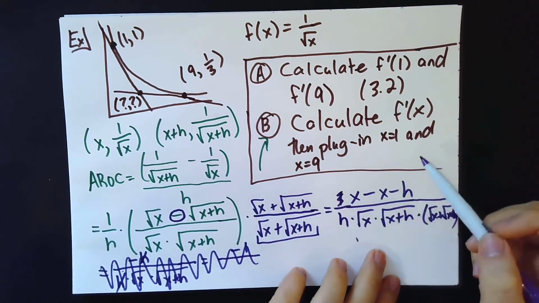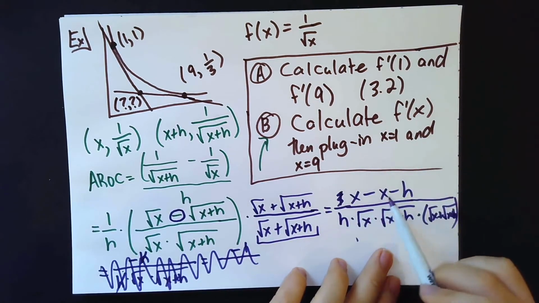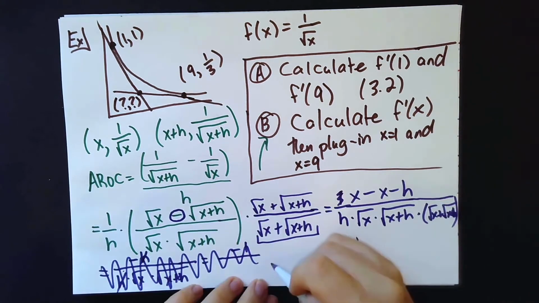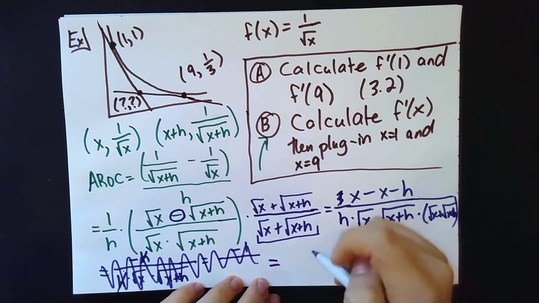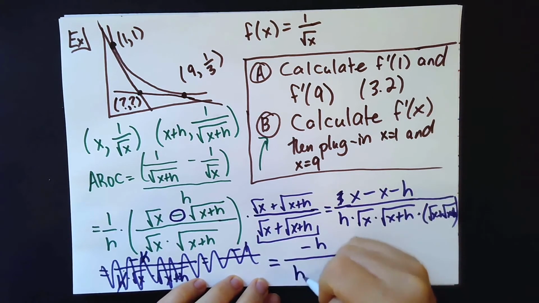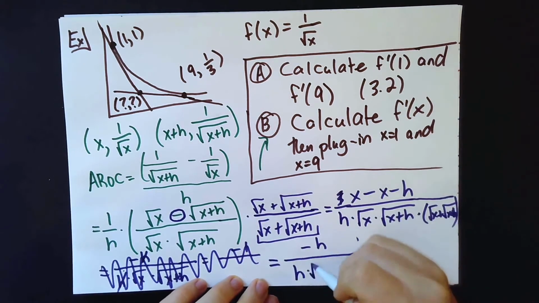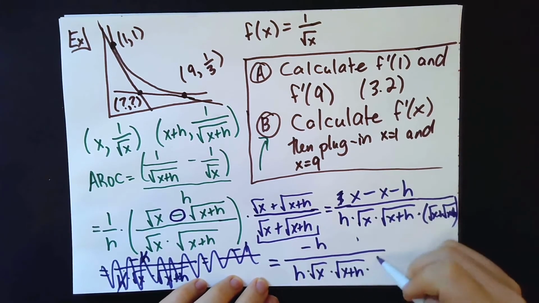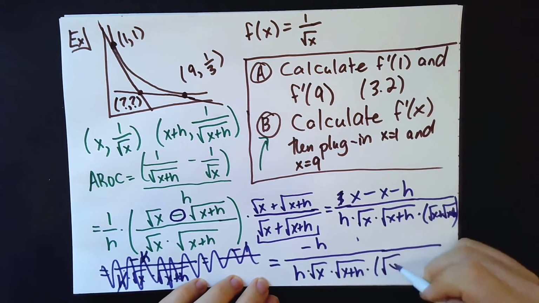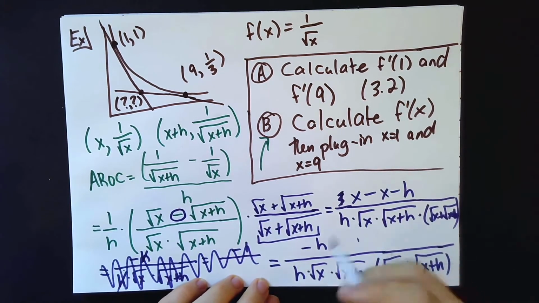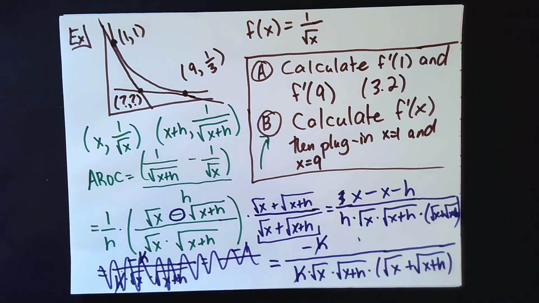And then the numerator is just going to be x minus (x plus h), which is minus h, because I'm subtracting x plus h. And so what's that? That is minus h divided by h times the square root of x times the square root of x plus h times the square root of x plus the square root of x plus h. And that's where I get to cancel the h's.